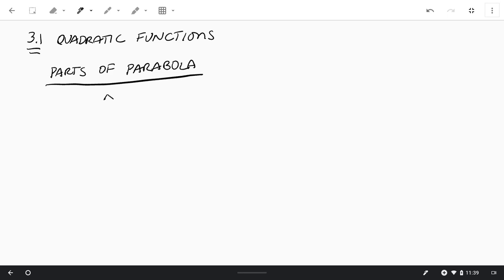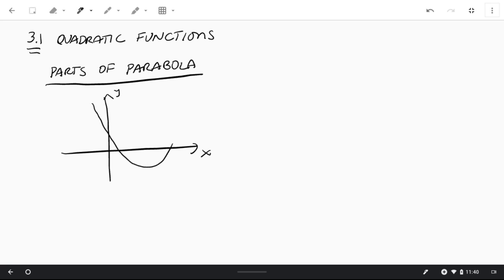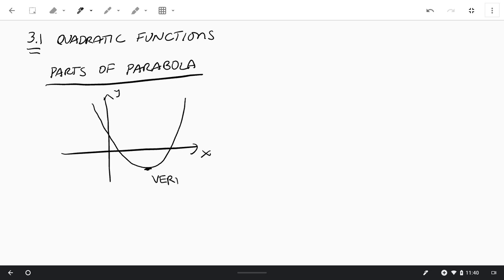Suppose I have this graph here, and suppose I have this parabola that opens upward. We have very particular parts here. Right here, this turning point down below, this here is the vertex. And in this particular case, it is a minimum value.